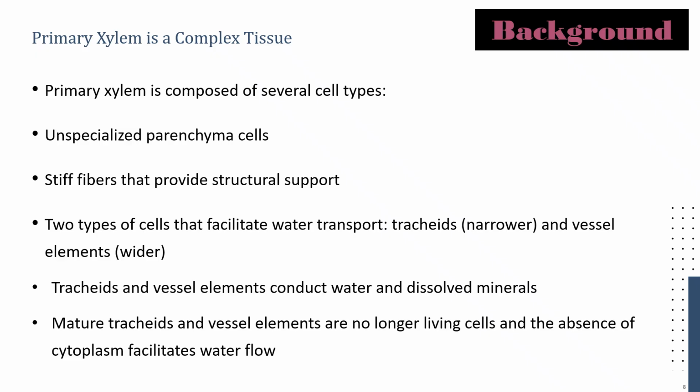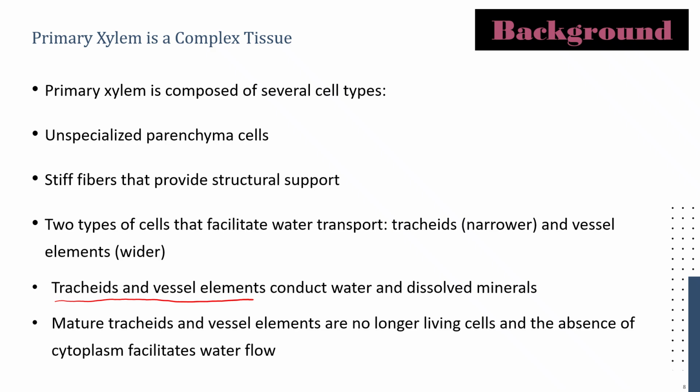So there are a couple different types of cells that make up xylem tissue, and mostly this is here because we're going to cover this in our lab. So I just want you to generally be familiar with the different types of tissues. The main types of tissues that are transporting and conducting water are going to be the tracheids and the vessel elements.